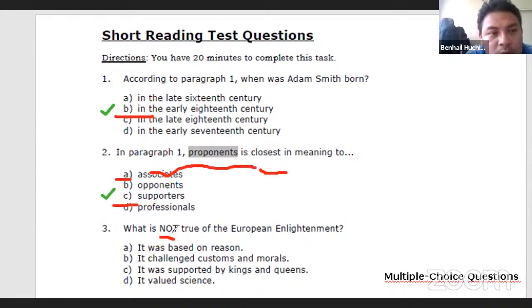So that's why we need to focus on the word not. The options are: it was based on reason, it challenged customs and morals, it was supported by kings and queens, it valued science. Which one do you think is the correct option?